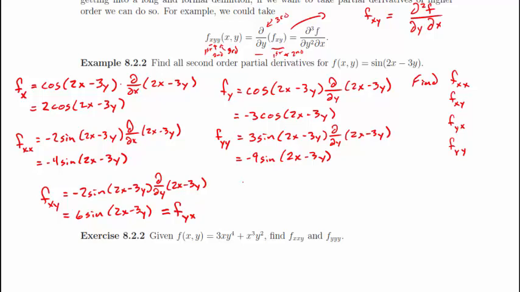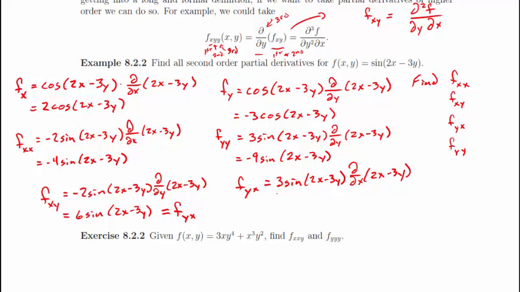We're just going to confirm here. f sub yx equals, so here I'm going to take f sub y and take its derivative now with respect to x. So this is positive 3 sine of 2x minus 3y times the partial derivative with respect to x of 2x minus 3y.